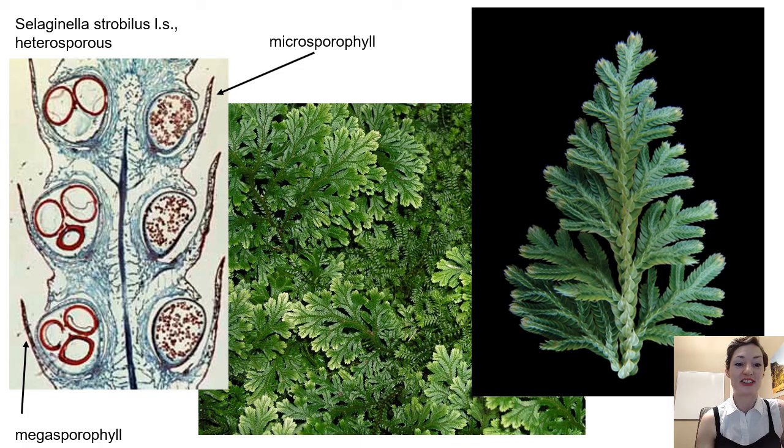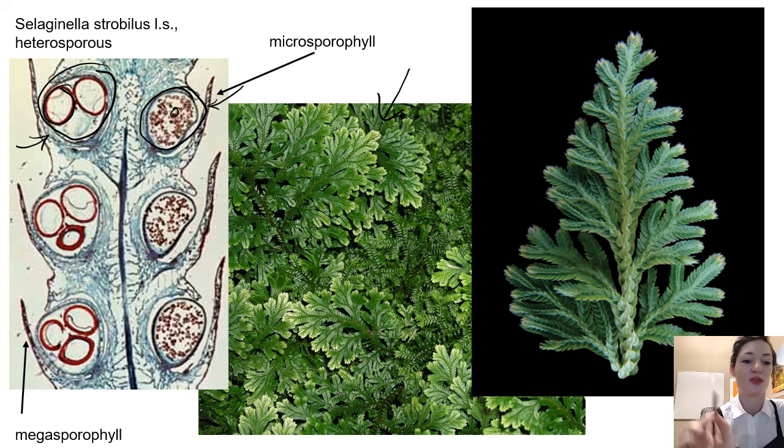If we look at Selaginella, so this is the one that we have in our lab room. Selaginella has microphylls just like Lycopodium. See these little tiny leaves that would have just one vein of vascular tissue. But inside the strobilus, we have megasporangia that produce megaspores on a megasporophyll. And we have microsporangia that produce microspores on a microsporophyll.